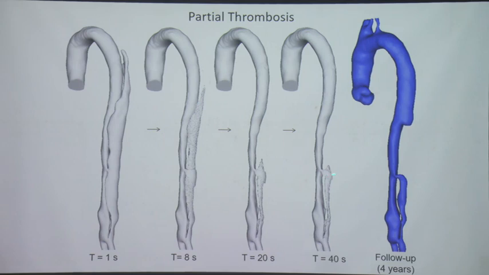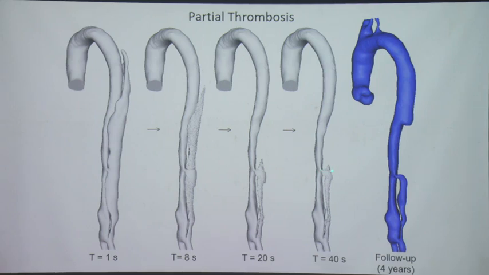So if you compare these with the CT scans 4 years after the surgery, there are obviously lots of similarities between the shapes, but you probably spotted that the prediction is slightly different from the reality in that it has this little pointed edge of the false lumen, which is still there and not thrombosed.